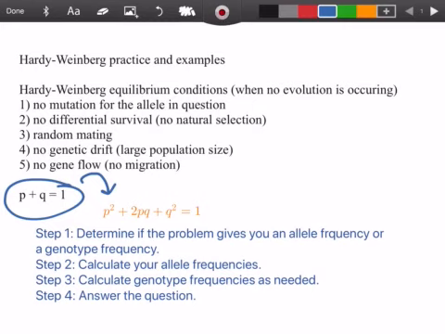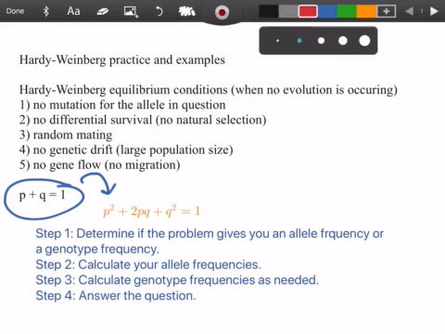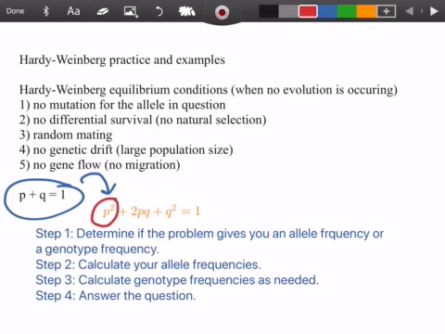Now if you recall from lecture, each of these parts of the equation are equal to some information in the population. So p squared is going to be equal to your homozygous dominant individuals in the population, so individuals with homozygous dominant genotype and therefore dominant phenotype. 2pq is going to be equal to your heterozygous individuals in a population, which is also going to have the dominant phenotype.